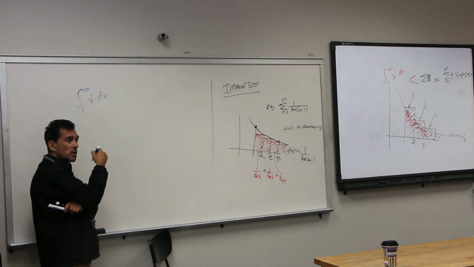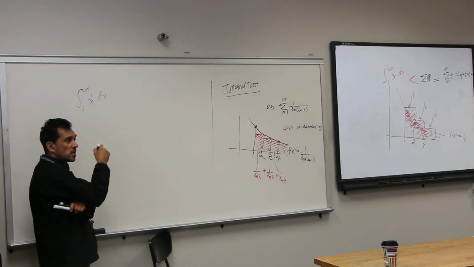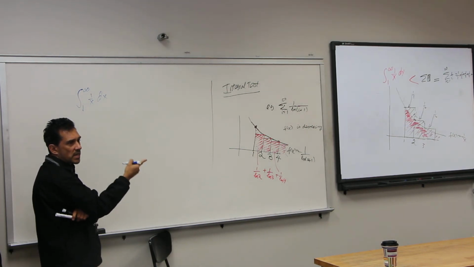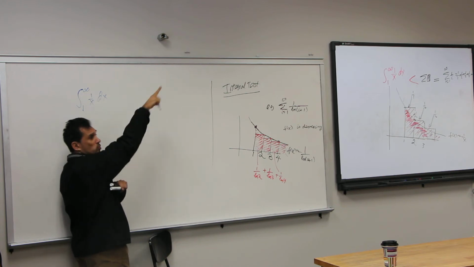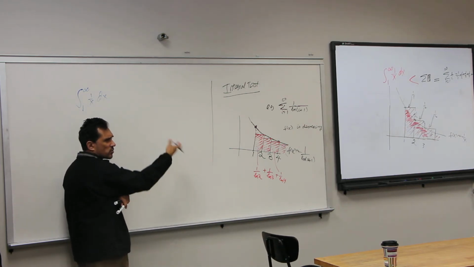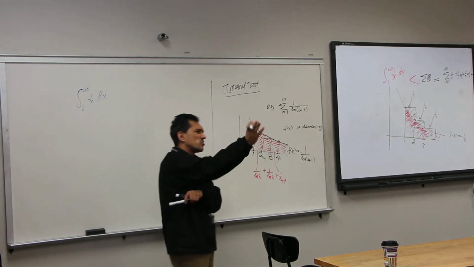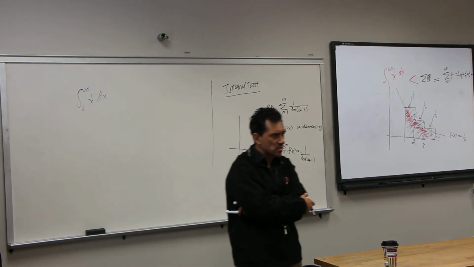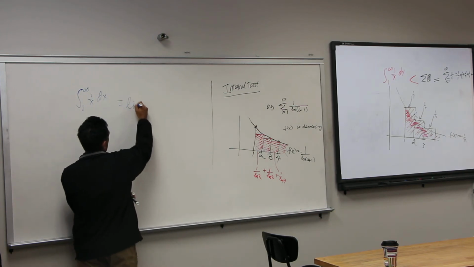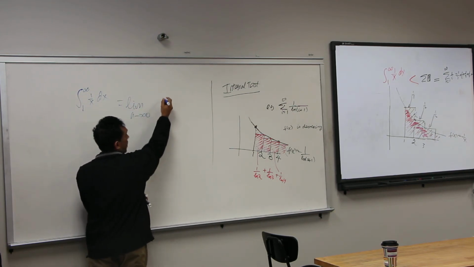Please, it's the limit. You will have to go up to A and then let A go to infinity. Okay, I know we did it a couple of weeks ago, but that's the reason why we did it, because we want to do the integral test. The limit as A approaches infinity of what?